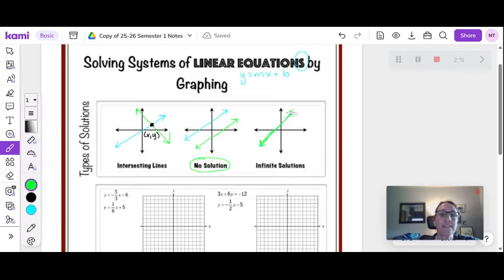If the second line is graphed on top of the first line, that means they have every point in common that's on that line. And we know that lines are made up of infinitely many points because they have arrows on each end. They go on forever and ever and ever. So we would say that that system has infinite solutions because every point on the line is an answer.